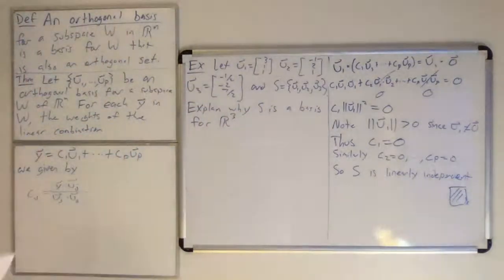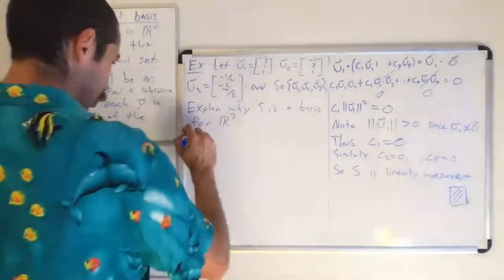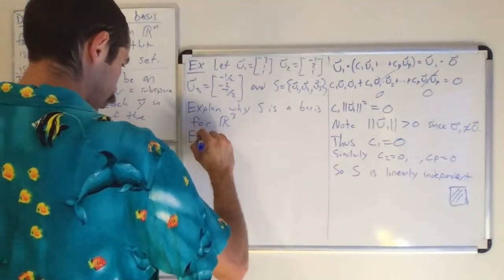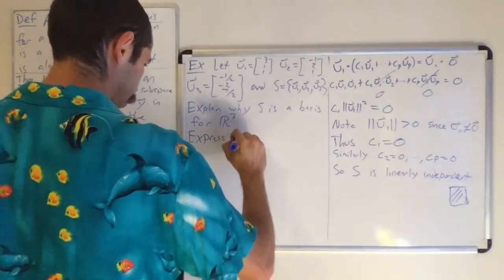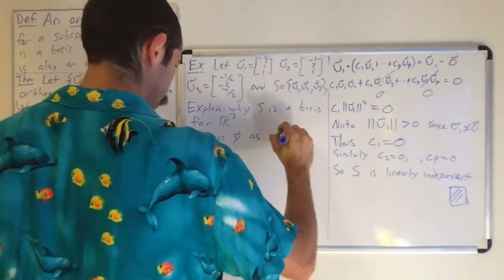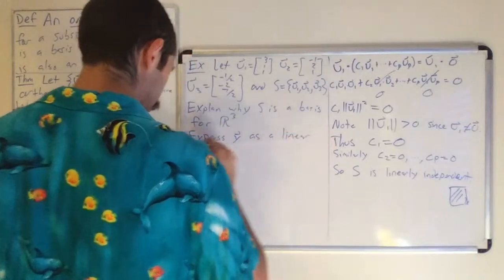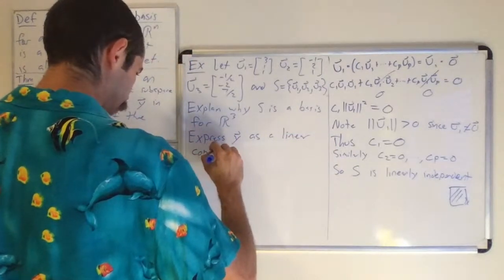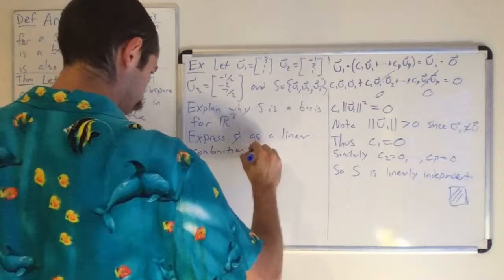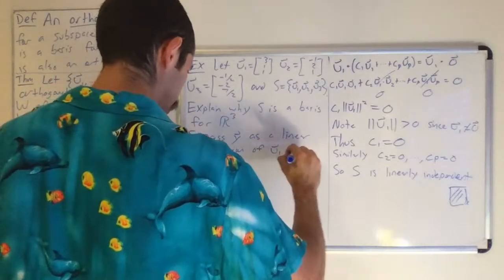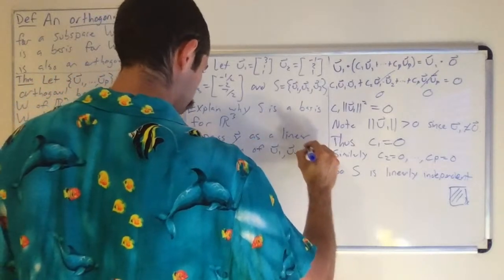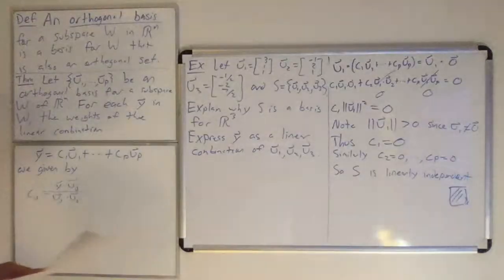The first part is explain why S is a basis for R3, and express y as a linear combination of u1, u2, and u3.